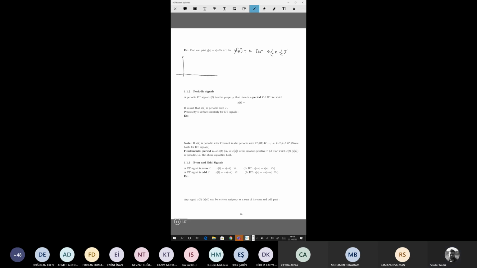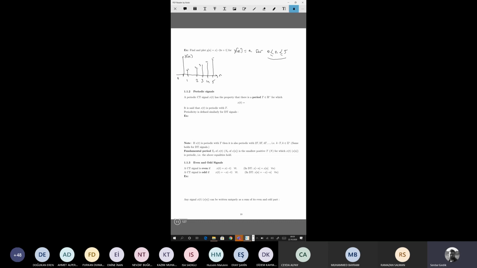This is my x of n. This is 0, 1, 2, 3, 4, 5. So it has 6 values. It is 0 at 0, it is 1 at 1, 2, 3, 4, and simply 5. So this is my x of n.